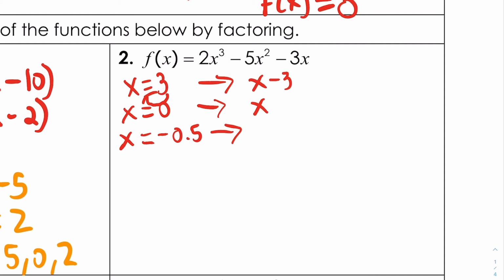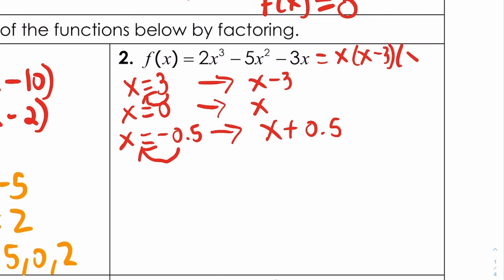When we move the 1/2 to be on the same side of the equation as x, that gives you x plus 0.5. If we take these 3 linear factors and just put them in parentheses multiplying each other, then it should be the factored form of the original equation: x, x minus 3, x plus 0.5.